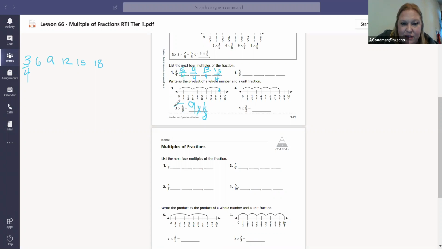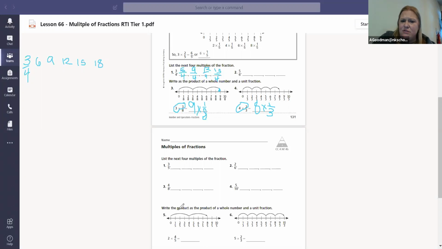And this is not a coincidence. If you multiply the whole number times the numerator, you get how many times you have to jump by that unit fraction. So let's do that on this side. 4 times 2/3 is the same as, multiply the numerator and the whole number, 4 times 2 is 8, so 8 times 1/3 jumps.